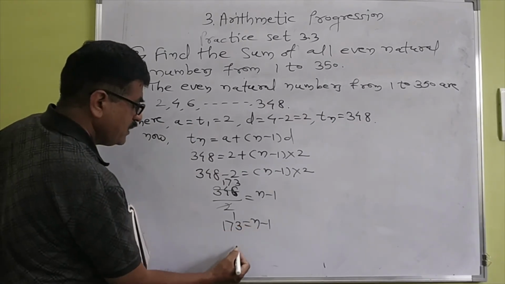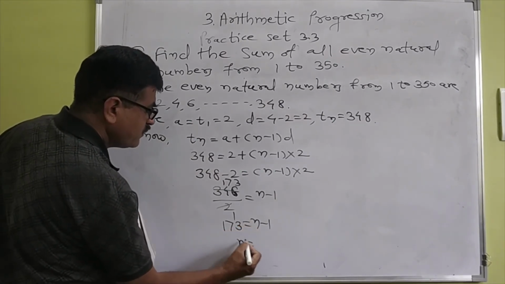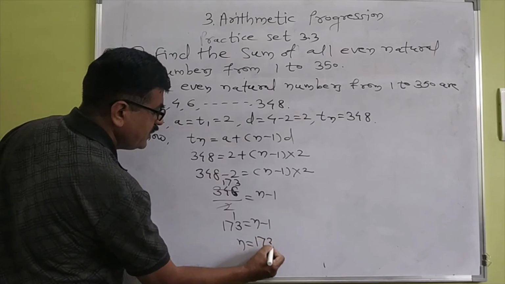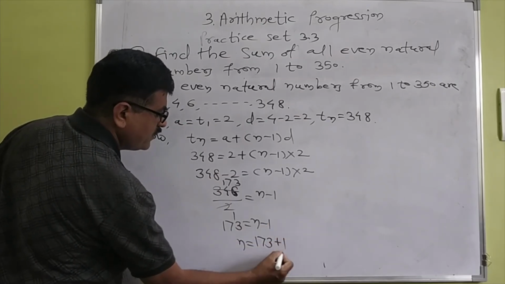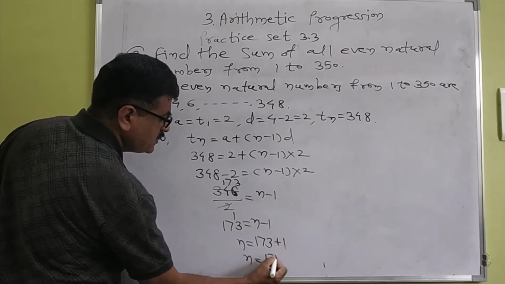Therefore n is equal to 173 plus 1, n is equal to 174.